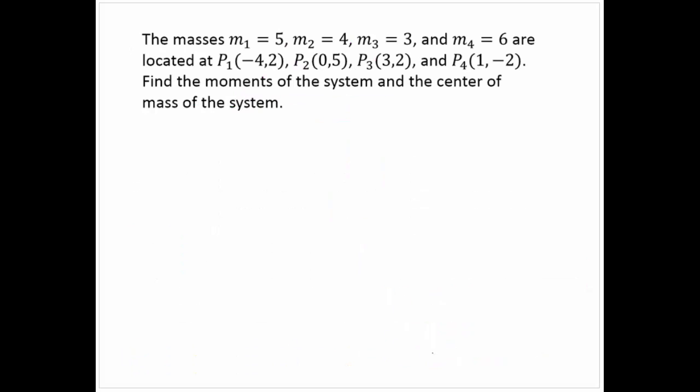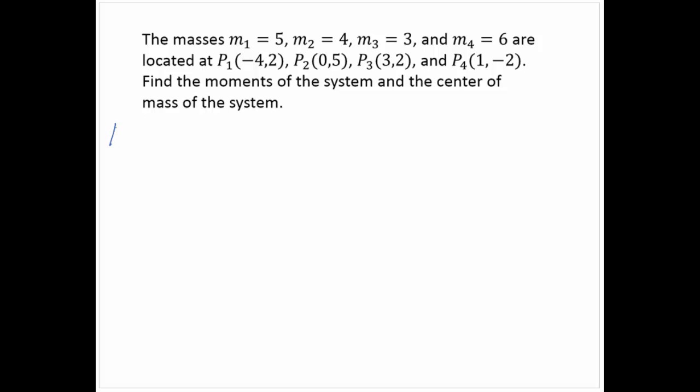So let's consider an example here. We have 4 masses of weights 5, 4, 3, and 6 at respective points (-4, 2), (0, 5), (3, 2), and (1, -2). Find the moments of the system and the center of mass of the system.